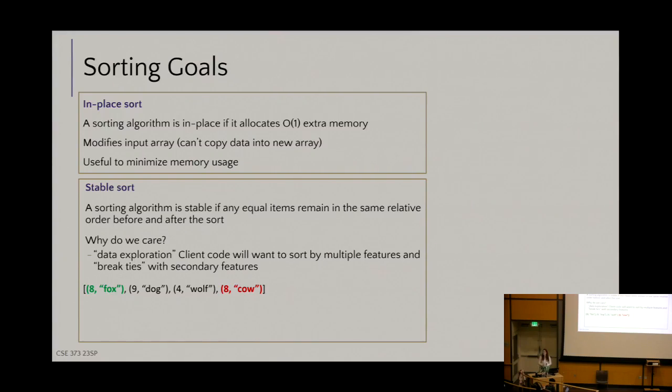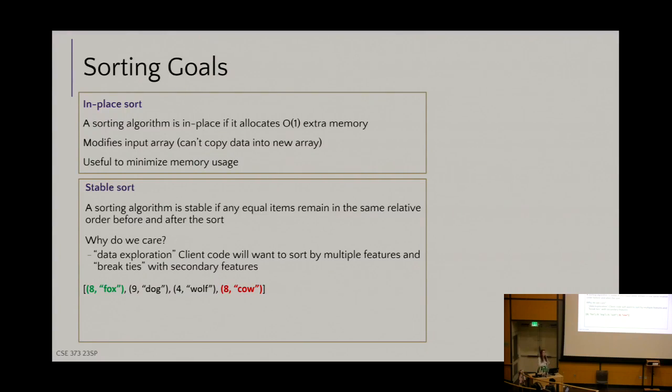So what stability is: I've gone through and I've sorted the items. Let's say they're a complex item, like the student item, where there were multiple pieces of data, a last name and a first name. Or let's say we have numbers associated with animals. I don't know why I picked that. So apparently we have the number 8 associated with fox and the number 8 associated with cow.